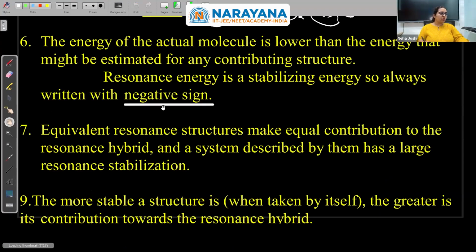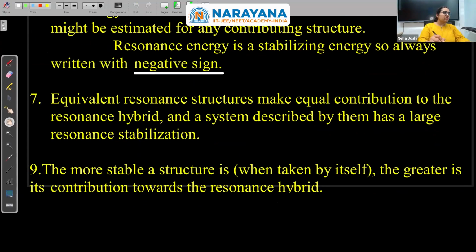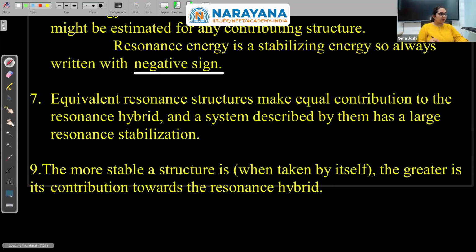Coming back to what we were doing. So this entire explanation was for 7th point. Okay. Coming back here, the more stable a structure is when taken by itself, the greater is its contribution towards the resonance hybrid. More stable structures contribute better, contribute a larger percentage towards the hybrid.